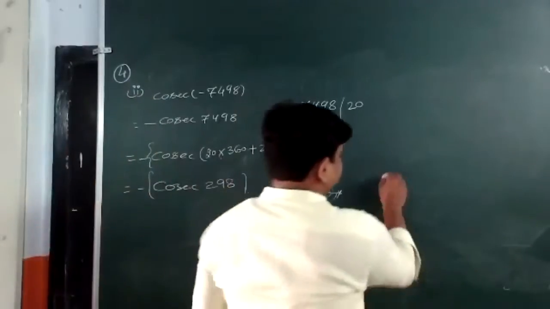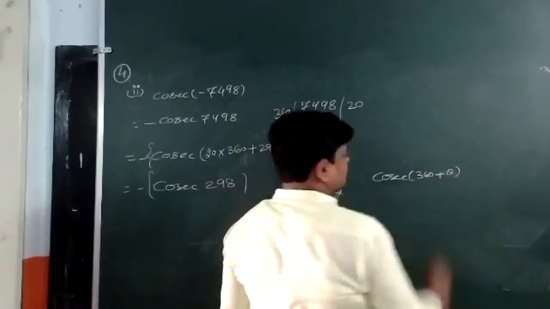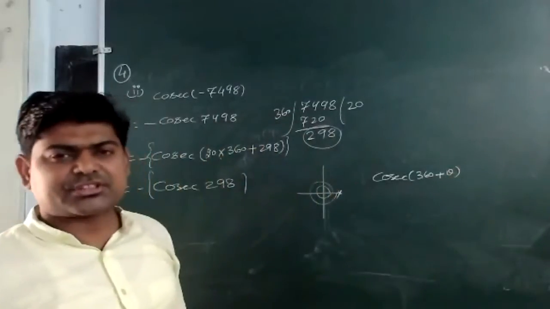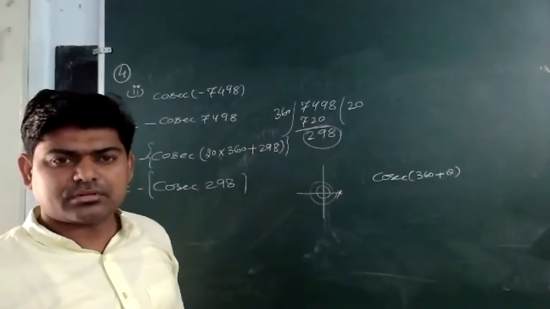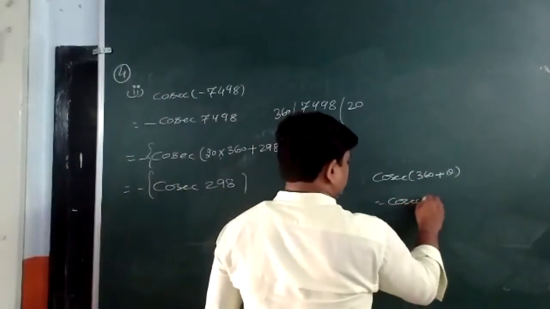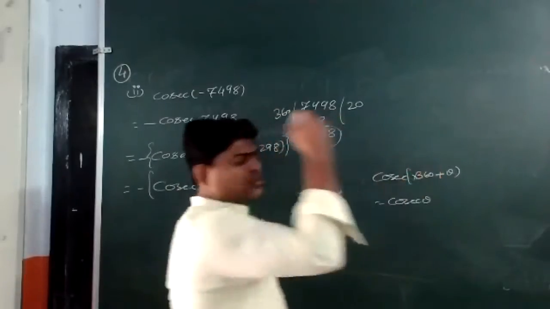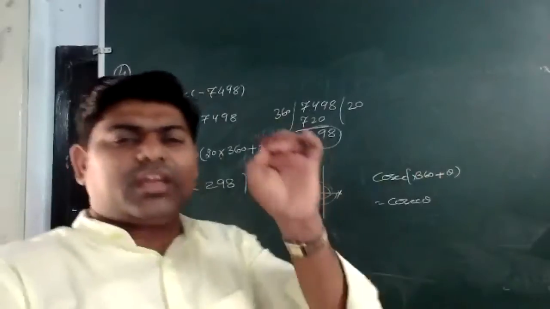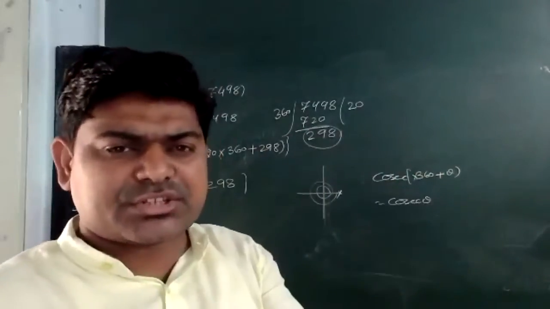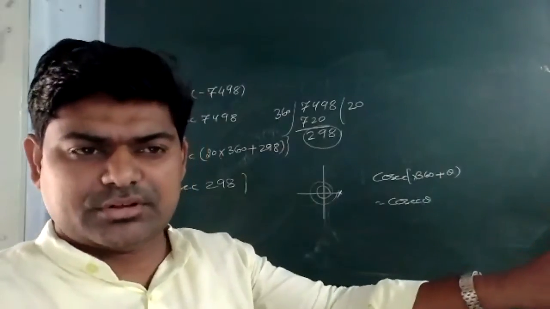Let me tell you, cosec of 360 plus theta will be cosec theta or not? Say yes or no. It is equal to cosec theta if the coefficient of 360 is 2, 3, 4, 5, anything, any integer. In all these cases, it will be cosec theta.